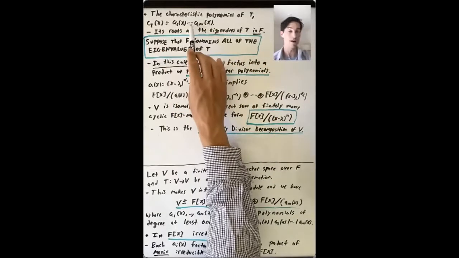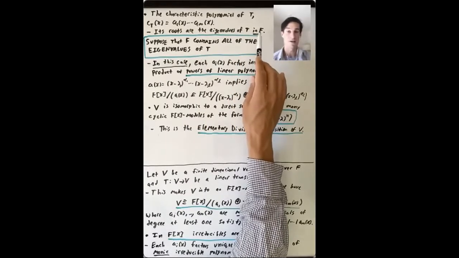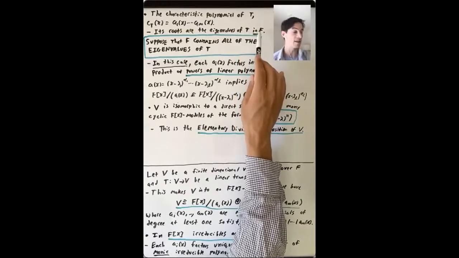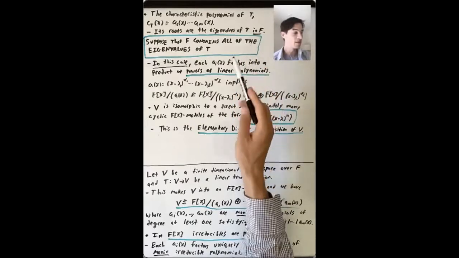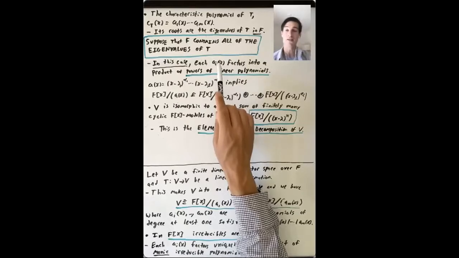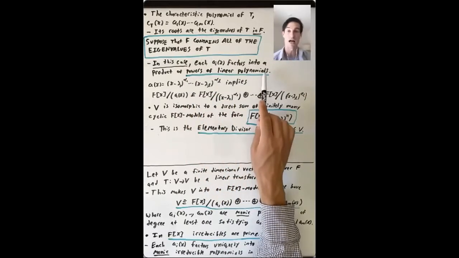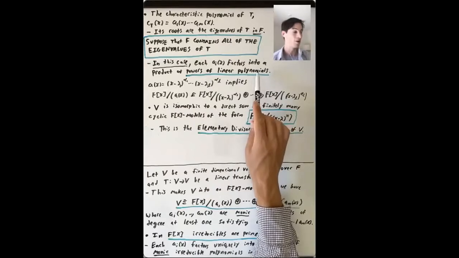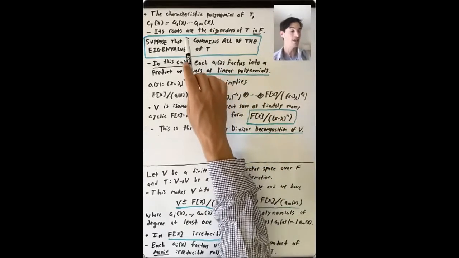Because the roots of the characteristic polynomial are the eigenvalues of T that are in F. So if all of the eigenvalues of T are in F, then that means each one of these invariant factors is going to factor into a product of powers of linear polynomials. So all of the eigenvalues are in the field.